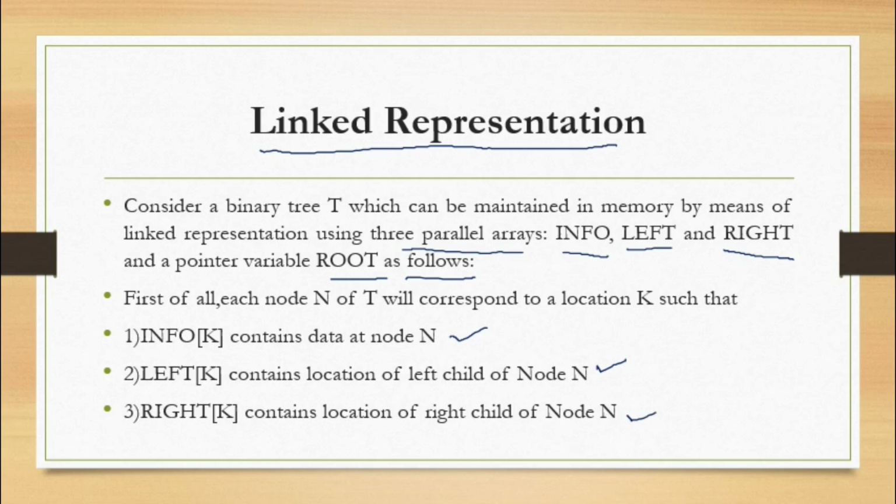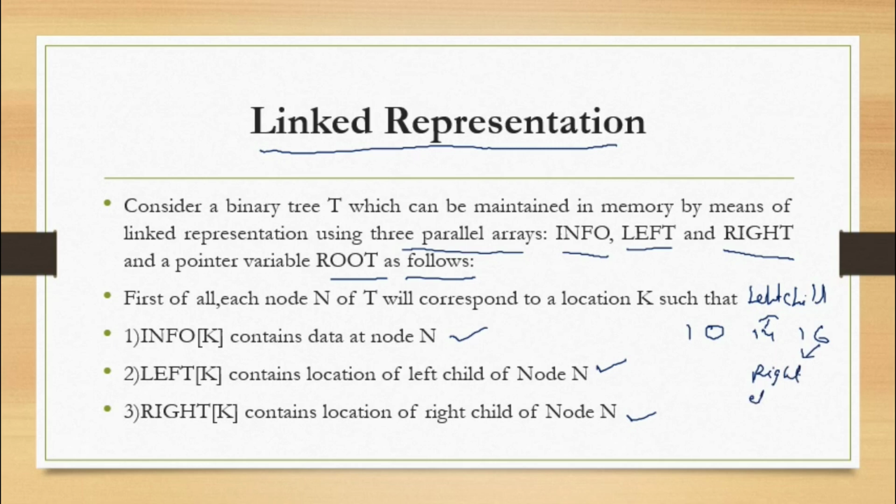For example, if 10 is the information element, and I say 14 and 16, that means what? In the 14th location the left child is stored, and in the 16th location the right child is stored.